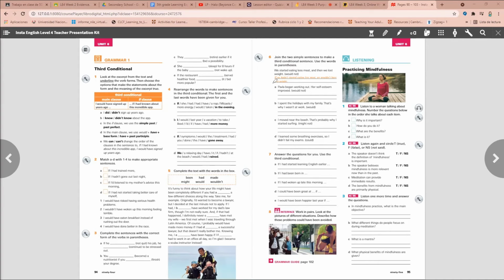So you rewrite this. You join the sentences using this. If we hadn't started eating less meat, the consequence comes after. We wouldn't have lost weight. So you write these sentences again using the third conditional sentence form.